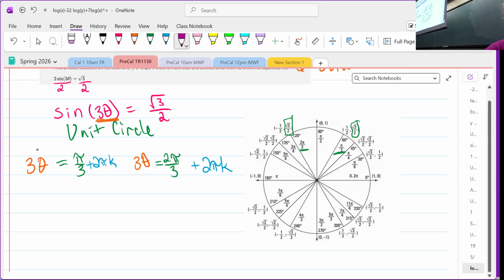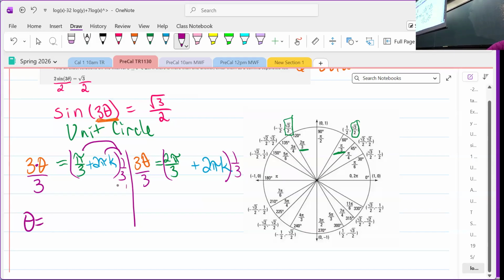So now, to get theta by itself, I need to get rid of that 3. So I'm going to divide by 3. On the other side, though, because there's a whole lot going on, I'm going to write it as multiplying by 1/3. So now theta is by itself, but that 1/3 needs to distribute through.